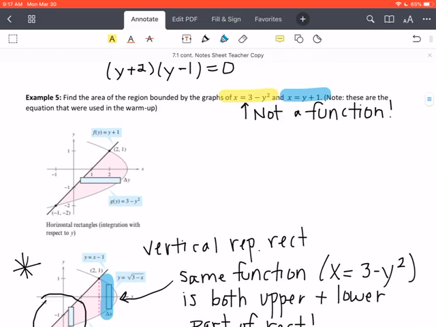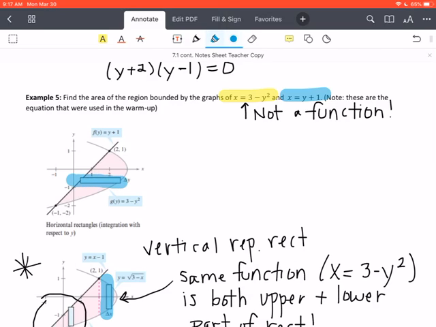So with horizontal rectangles, again, the hint is when one of the two equations given is not a function, it's probably going to fail the vertical line test, which vertical rectangles represent. So we are going to turn to a horizontal rectangle.